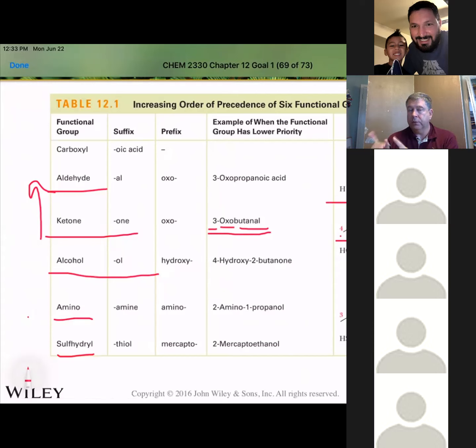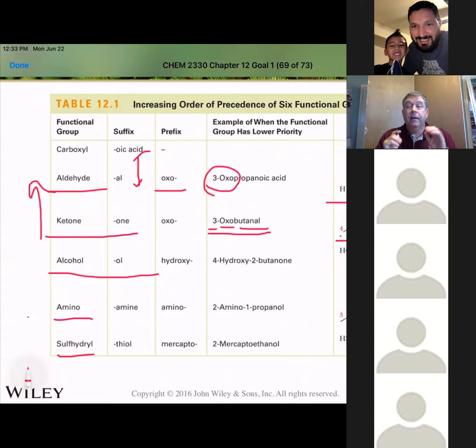We'll learn some more nomenclature in the next chapter. But the fact is that the aldehyde is lower priority than a carboxylic acid. Therefore, we have to show which carbon it's on and name it oxo. Notice oxo can mean an aldehyde or a ketone, but it's any carbonyl that is of lower priority than the main group. So you'll see this a lot on carboxylic acids in particular.